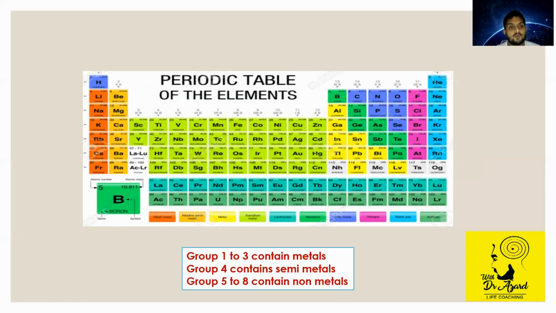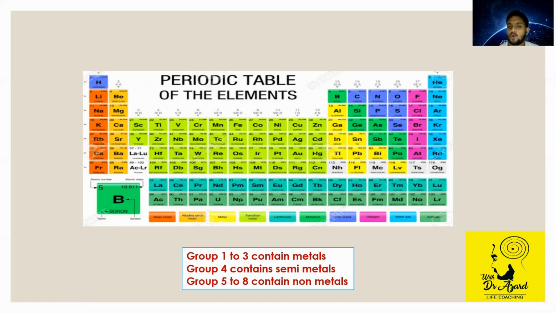Now from group 1 to 3, it has all metals. So the elements in group 1, group 2, and group 3 are all metals. So you do not find non-metals in those three groups. Whereas groups 5, 6, 7, and 8, all of those are non-metals. So that means groups 5 to 8 contain all non-metals.